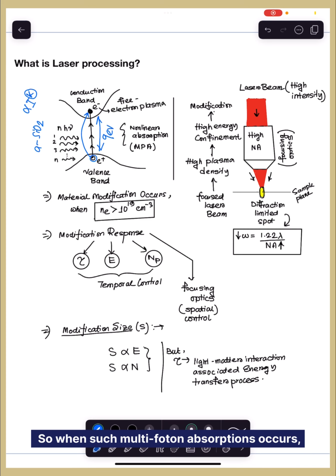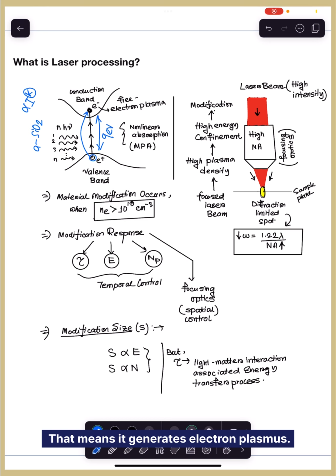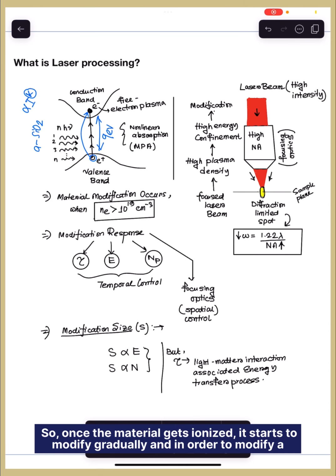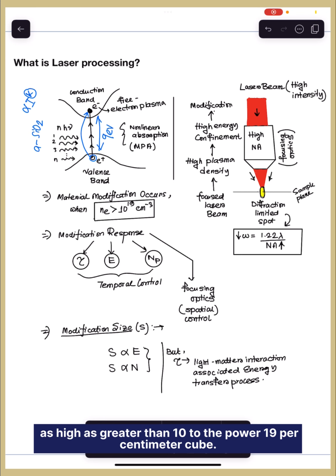So when such multi-photon absorption occurs, it generates free electrons in the material. That means it generates electron plasma. So once the material gets ionized, it starts to modify gradually. And in order to modify a material, for example fused silica, we require the electron density, that is the plasma density, to be as high as greater than 10 to the power 19 per cubic centimeter.